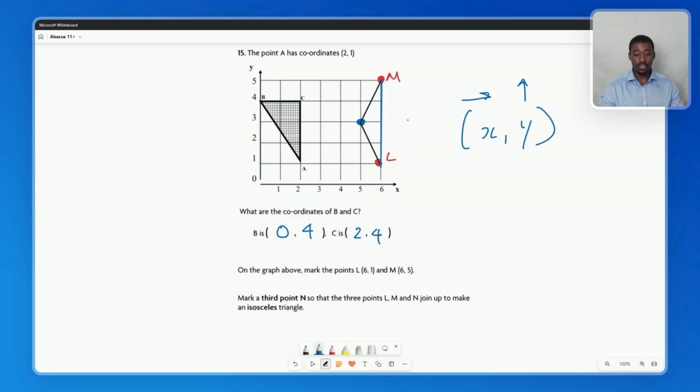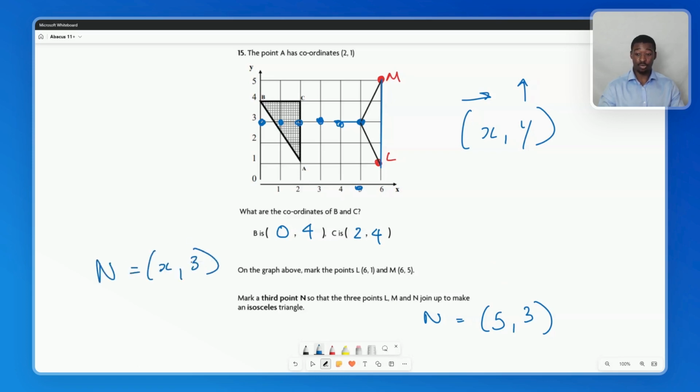So for this, our answer for N could be 5 to the right, and then 3 up. So 5, 3. But really, any of these coordinates would have worked the exact same. Apart from this one, of course, because this wouldn't make a triangle. So we have 5, 3, but N could be anything.